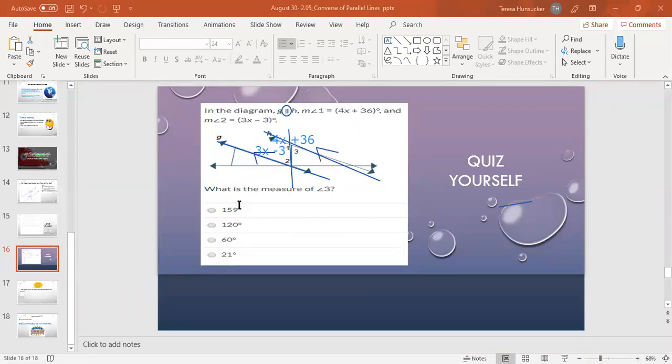Okay, so I just want to say that angle 1 and angle 2 are same side interior angles and are supplementary.